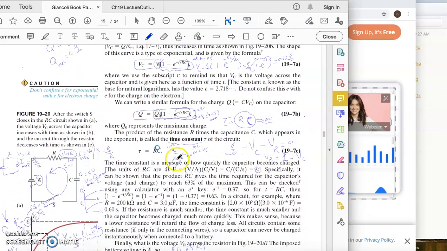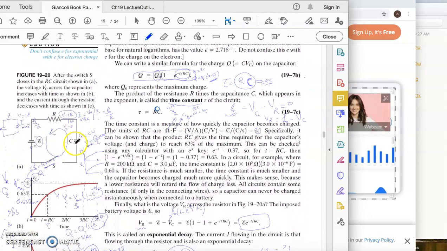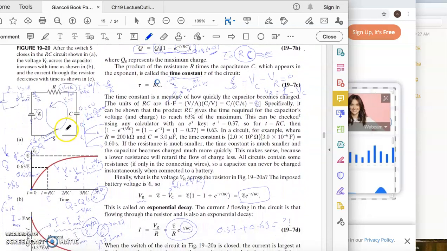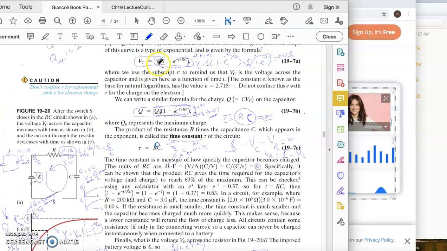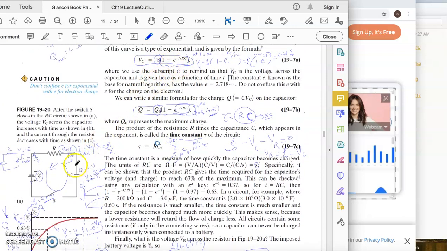This is important because the question could ask you, while charging the capacitor, find the voltage across the capacitor. So we will use this equation. And if it says, while charging the capacitor, find the voltage across the resistor, you keep in mind that while the voltage here is increasing, this is decreasing.